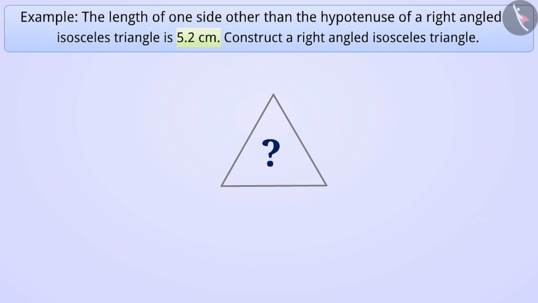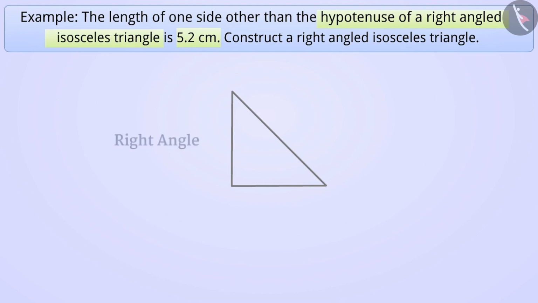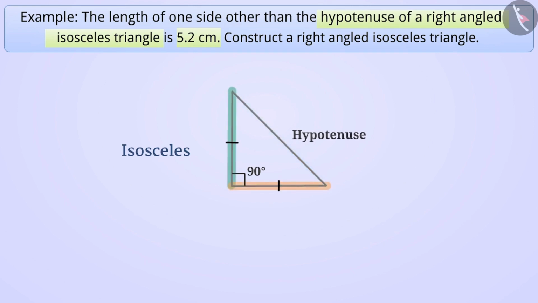Let me explain. Here, we are given the length of one side, but we are also provided with some important information, like we have to construct a right-angled isosceles triangle. From right angle, we infer that the triangle has an angle of 90 degrees. And from isosceles, we infer that in this triangle, two sides other than the hypotenuse are equal.